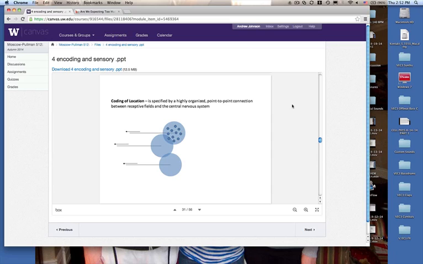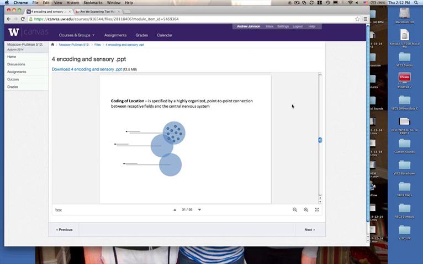So next up is coding of location. This is really simple. This is basically just where the receptors are. They're mapped out somatically. You have different receptors, and they're going to send information to different parts of your brain. It's where we get this funny-looking person called a homunculus.